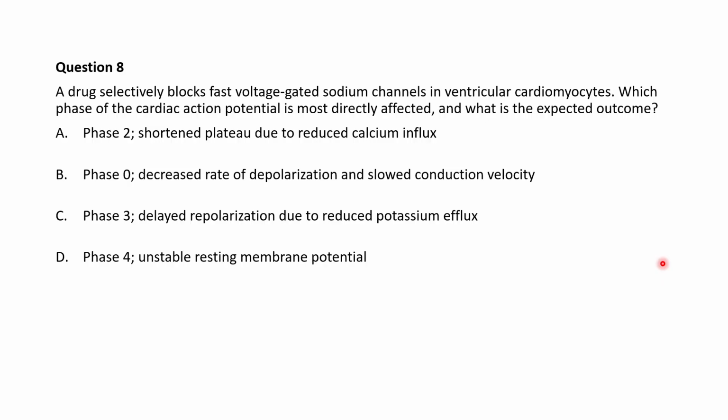So blocking these channels would reduce the slope of that phase and slow down conduction velocity across the myocardium. That's why, when patients come with arrhythmia problems, so some irregular heartbeat issues, sodium channel blockers are used as an antiarrhythmic agent, which can reduce excitability and regulate the heartbeat better.